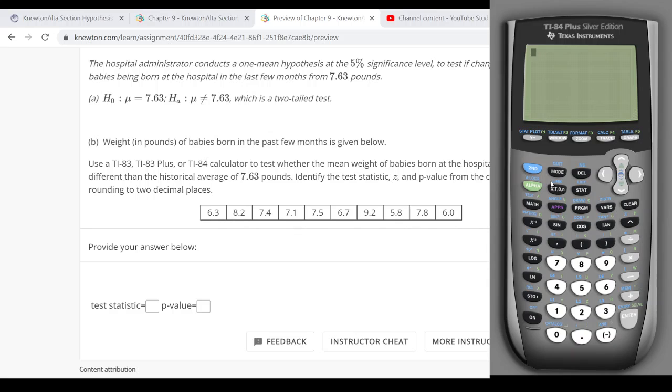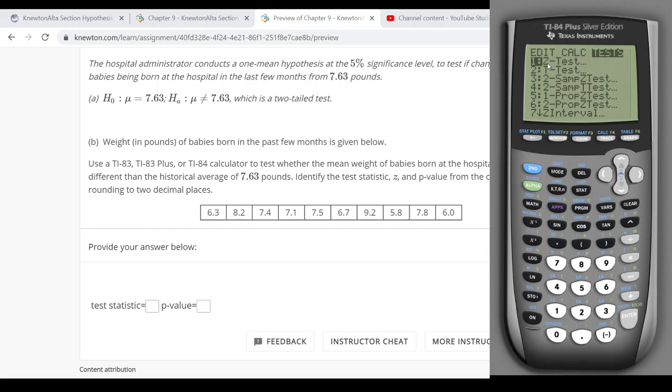Now we're going to perform a test about the population mean, a one mean test where the population standard deviation is known, sigma is known here. Remember how you did confidence intervals? All the hypothesis tests are in the same area. Hit the Stat button and go over to where it says Tests.